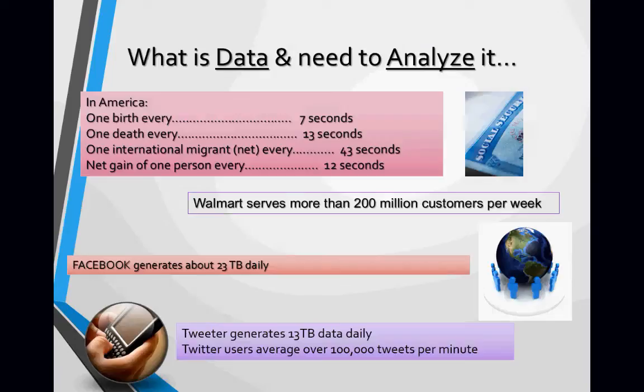Someone creates a database entry that, okay, John was born yesterday, and his social security number is this. Abdul was born 2 days back, and his social security number is this. So social security is just one record, and every 7 seconds, one record is getting generated.